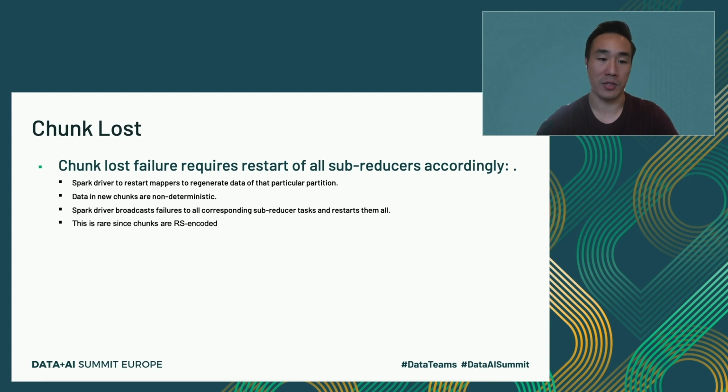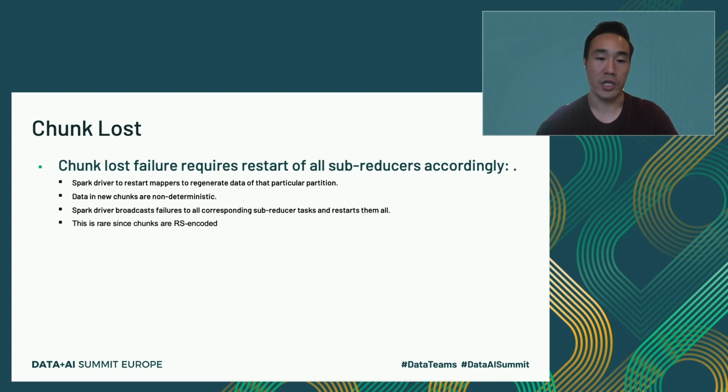But with skew mitigation splitting on file boundaries, the data to be read by each subreducer is non-deterministic. This is because the restarted subreducer will only read a subset of regenerated files, and the regenerated files are non-deterministic since the Cosco shuffle service merges mapper outputs randomly. So simply restarting the subreducer would be a mess.